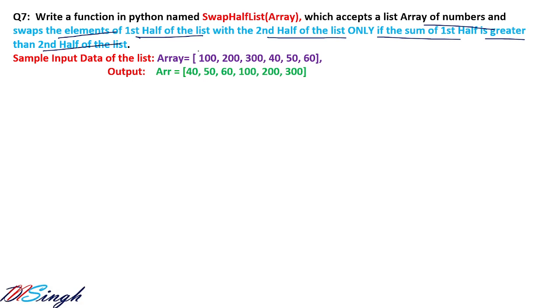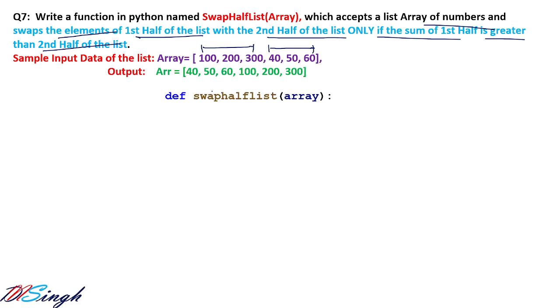So first job is to get the sum of the first half, then the sum of the second half, and compare both. If the sum of the first half is greater than the sum of the second half, then only we are going to swap these lists. For that purpose, write the code.